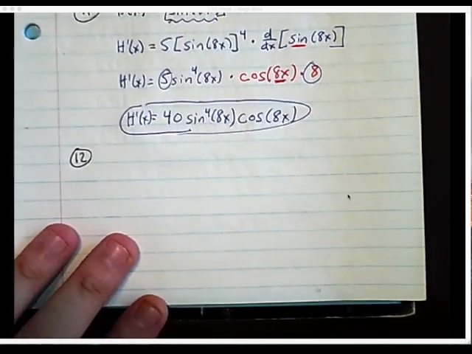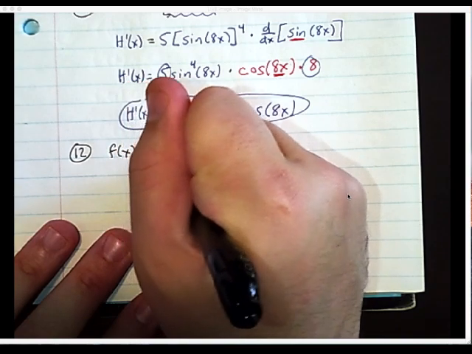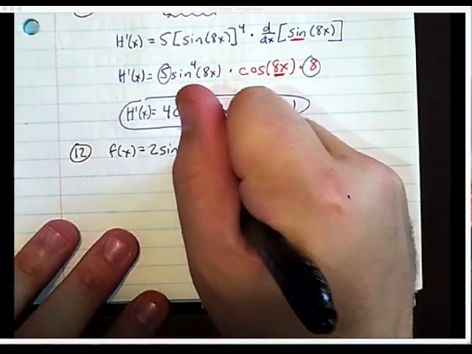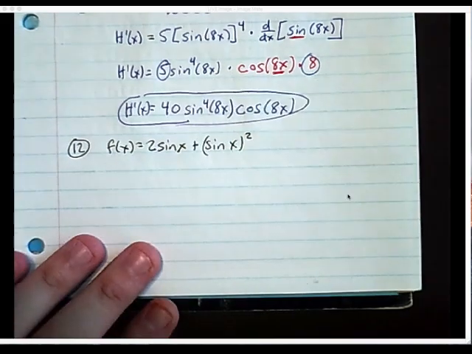Number 12, I get some function, 2 sine of x plus sine squared of x, which again I can write like this.